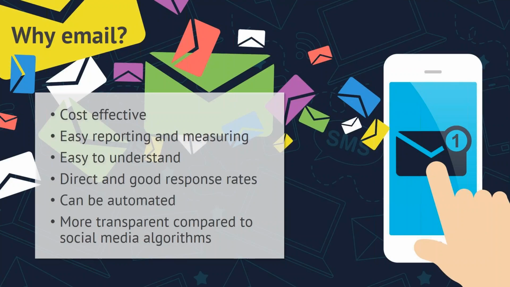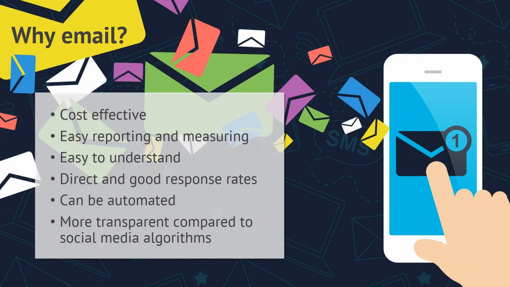It is a direct medium, so it goes straight to the inbox of the person you're trying to reach. So it's easy to actually get good response rates. It can be automated, so you can automatically send emails to people when they subscribe to your list. You can automatically send emails to people when they meet certain criteria on your list, which can be helpful for running more long-term donor campaigns.